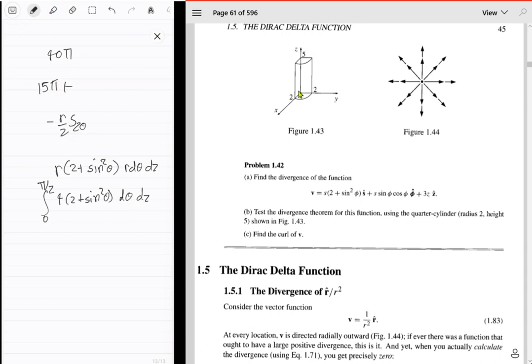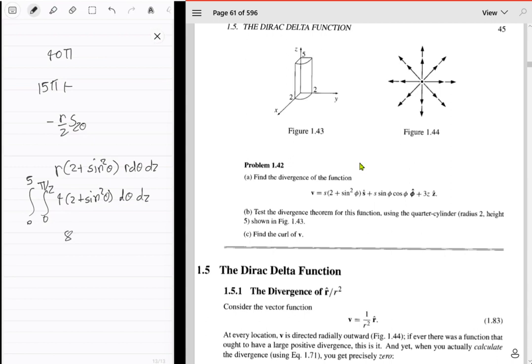It's still 0 in any case. Okay, cool. What is it going to do? The other integral, for dz, is going from 0 to 5. So what do you get?